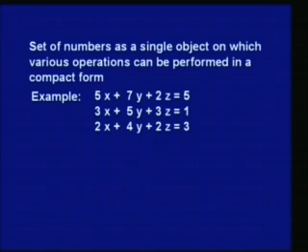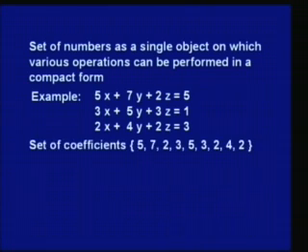For example, if we have a set of numbers arranged in a set of equations like x plus y plus 2z is equal to 5, 2x plus y plus 3z is equal to 1, 3x plus 5y plus z is equal to 3, then the set of numbers 1, 1, 2, 2, 1, 3, 3, 5, 1, these are the numbers which are actually the coefficients of these three equations.